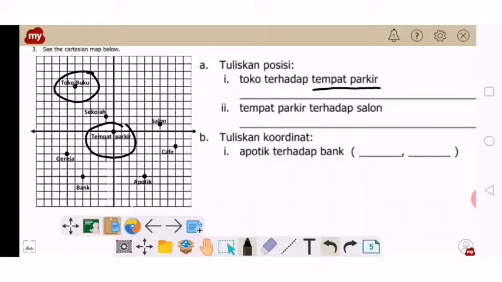Kita lihat yang pertama kali adalah tempat parkir, and then we move to toko buku. So 1, 2, 3, 4, 5. Lalu 1, 2, 3, 4, 5, 6.